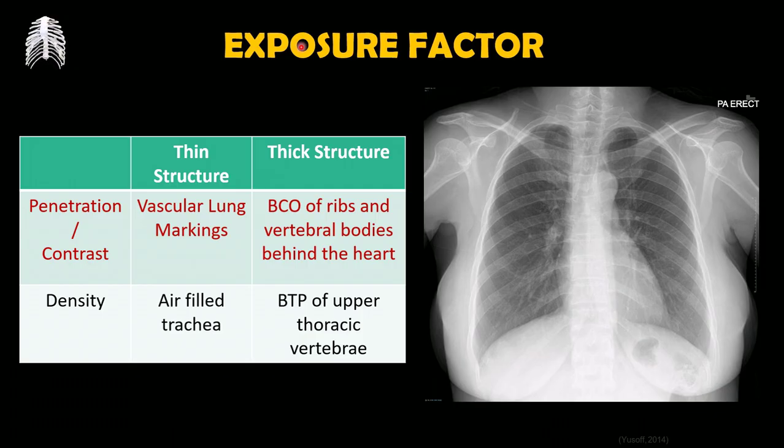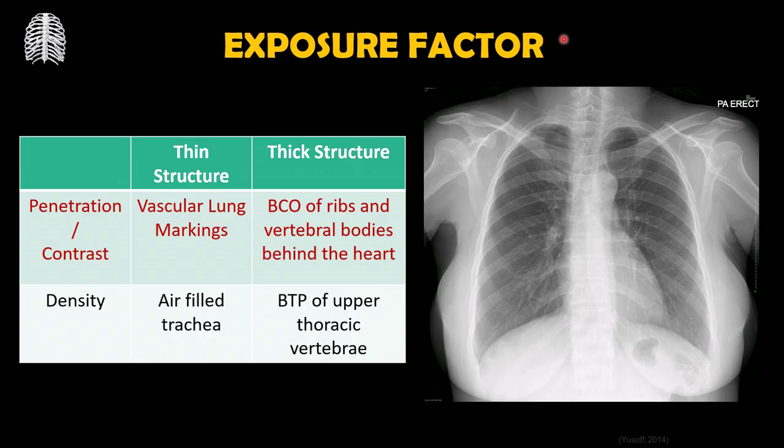For contrast and penetration for PA of the chest, the thin structure, which is the vascular lung markings, and the thick structure, which is the BCO or bony cortical outline of ribs and vertebral bodies behind the heart, should be visualized. This will indicate that the kVp is sufficient for penetration and contrast.